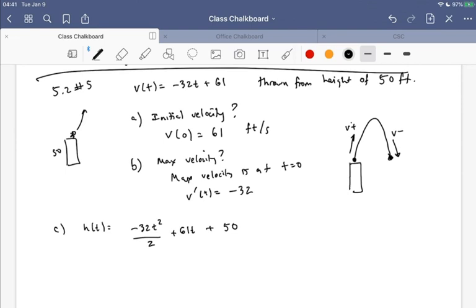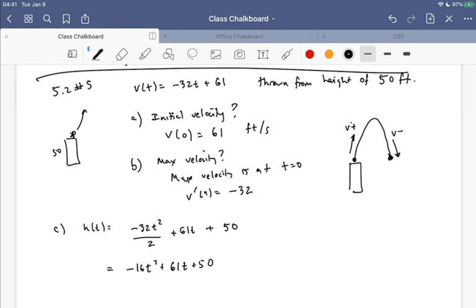I've tacked on the plus 50 because in this problem, we chucked it from 50 feet up, not from the ground. And then of course I could simplify that a little bit, like so.